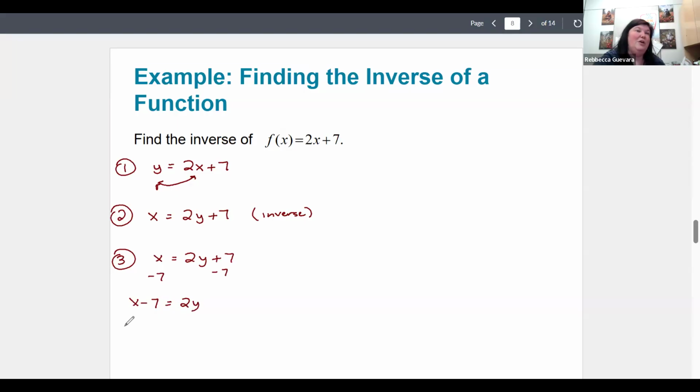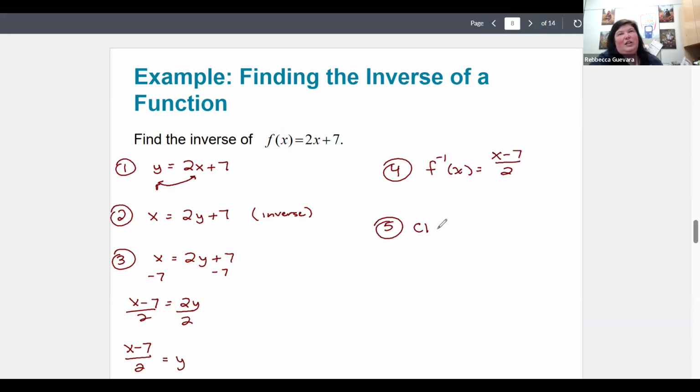If we divide by 2, we get x minus 7 divided by 2 equals y. And then my fourth step is to replace y with f inverse. So f inverse is equal to x minus 7 over 2.